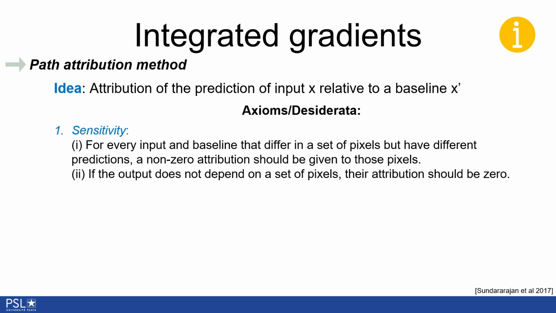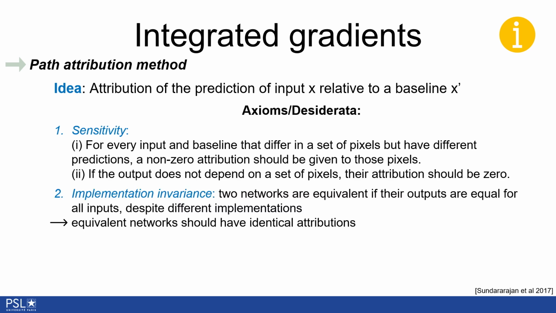The first axiom is sensitivity, and it has two parts. The first part states that for every input and baseline that differ in a set of pixels but have different predictions, a non-zero attribution should be given to those pixels. The second part states the converse. If the output does not depend on a set of pixels, their attributions should be zero.